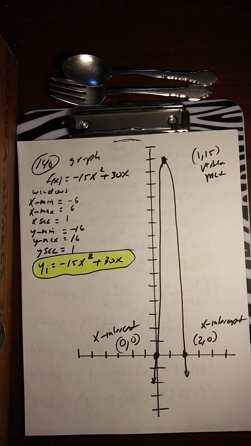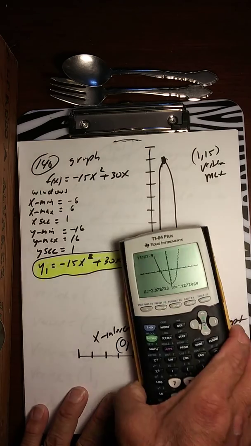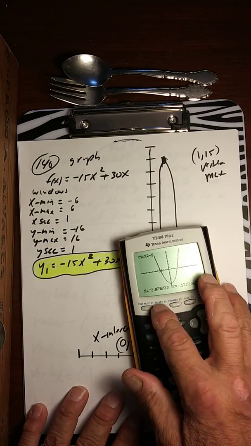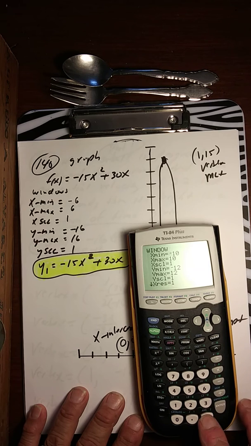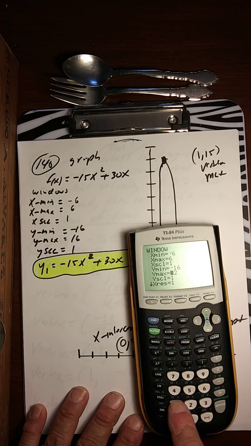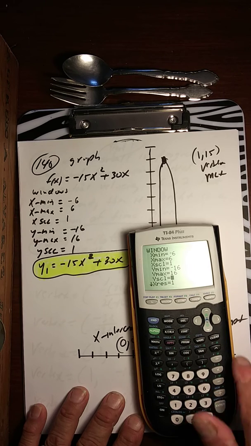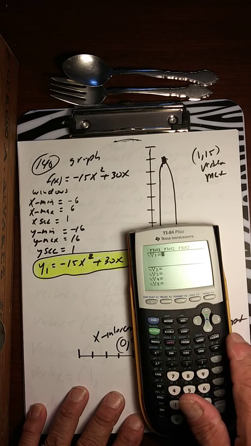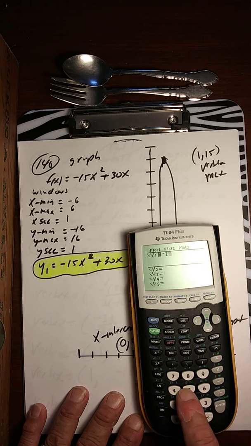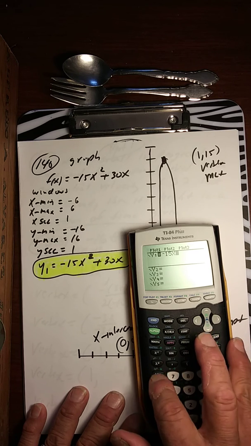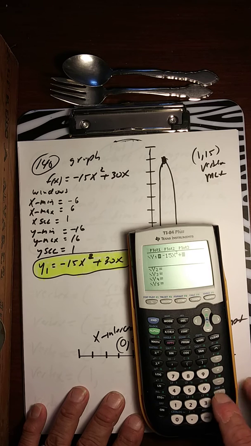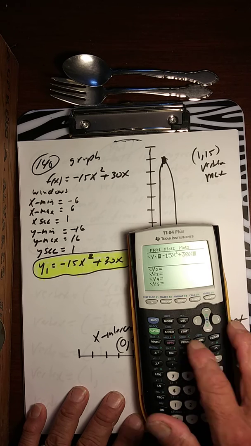Graph this, same thing. All we need to do is reset the window though. So window, we have -6, 6, 1 is fine. -16, 16. Okay, Y= clear. -15x squared plus 30x.